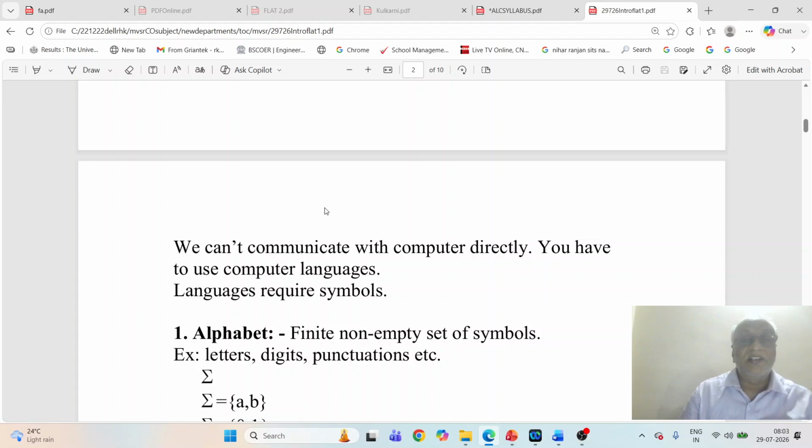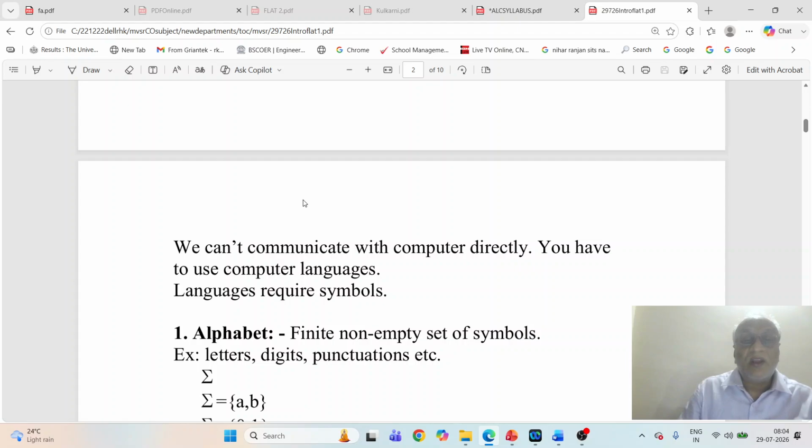English has letters, digits, numbers, punctuation marks, alphabets, sentences, words. So deriving from the natural language, a computer language will also require letters, digits, and all the components like sentences, words and paragraphs.